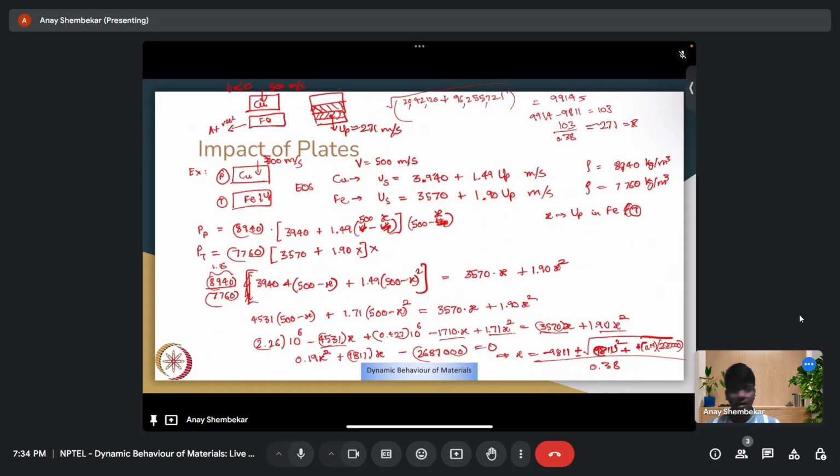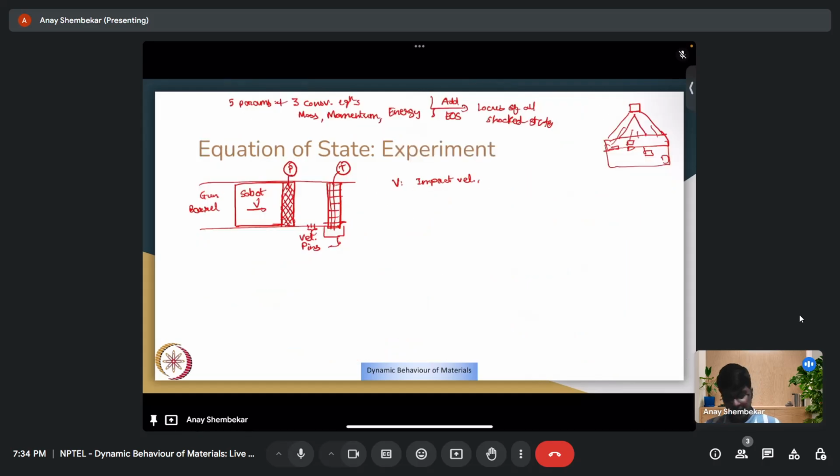In this case, for the experimental part, v becomes your impact velocity. So it is known, determined using velocity pins on the bottom of the barrel. Next, you have projectile P.